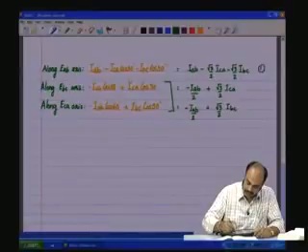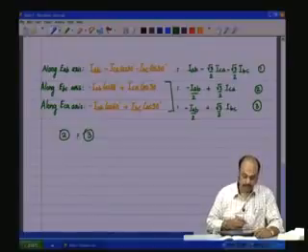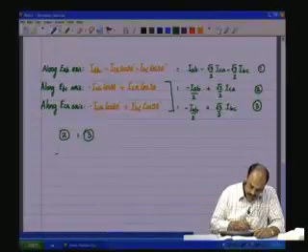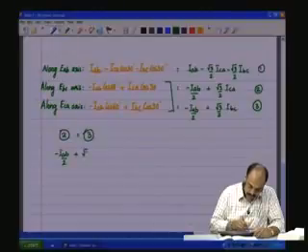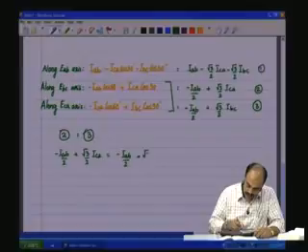So, you have equations 1, 2 and 3. Let us first equate 2 and 3. This means we have minus I_AB by 2 plus root 3 by 2 I_CA should be equal to minus I_AB by 2 plus root 3 by 2 I_BC.